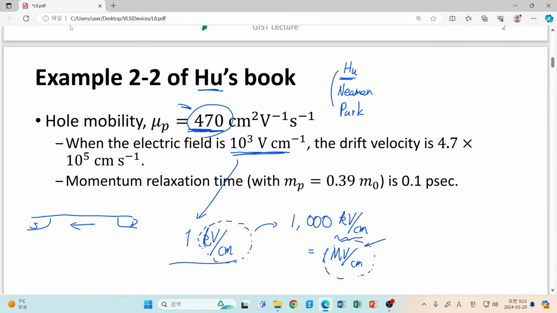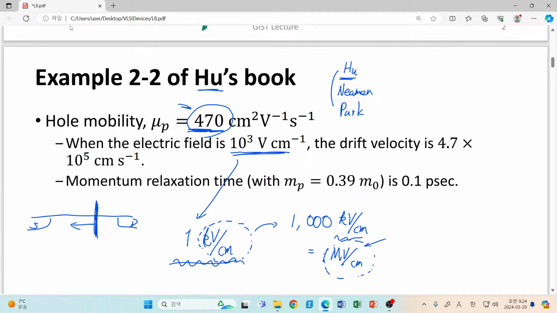But usually in that case, the value of your electric field is on the order of several hundred or several tens of kilovolt per centimeter. That will be the usual level of your lateral direction electric field.